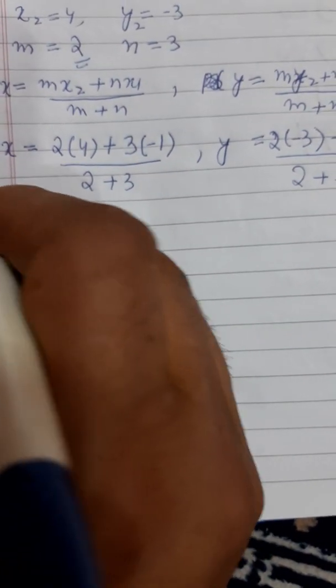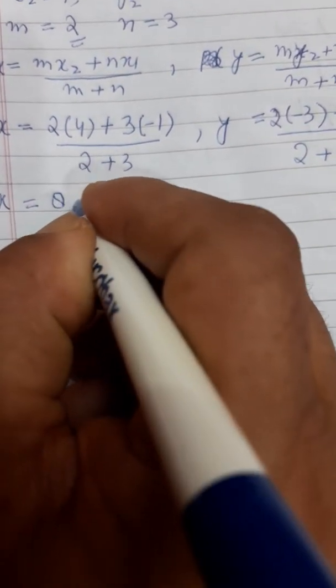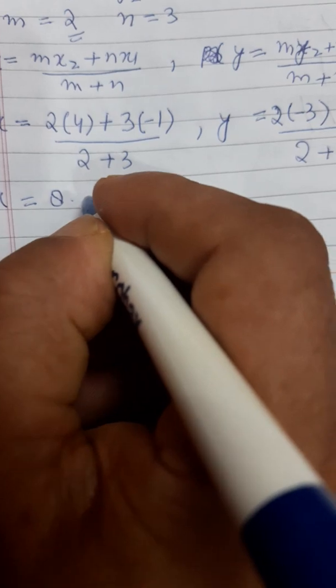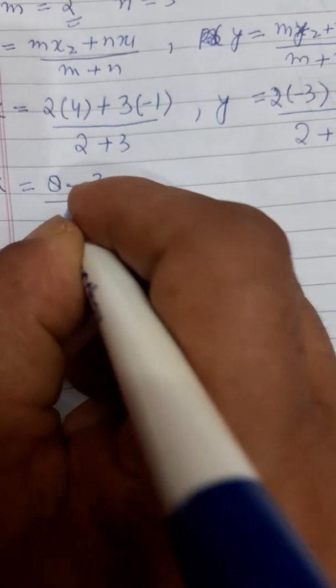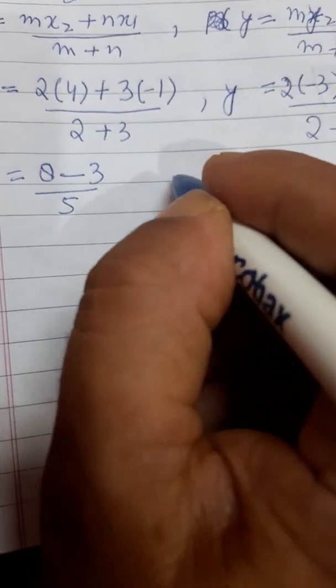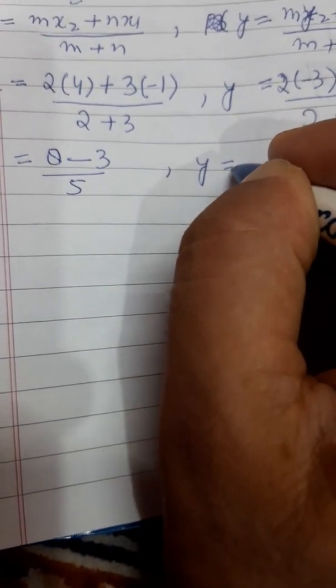If we solve it further, we will get x is equal to 4 twos are 8, plus 3 times -1 makes -3, and 2 plus 3 is equal to 5. In the same manner, we will assign the values of y1 and y2 here.